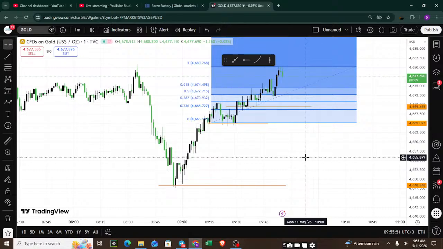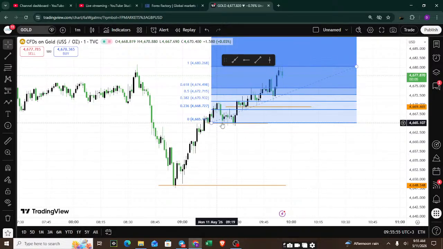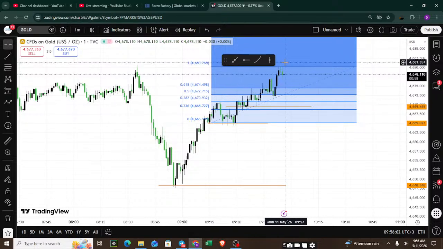I can see price is trying to retrace back. So I have taken this low, which was formed maybe a few minutes ago, and this new high now. So if price is able to get to this level here, we could observe what is happening.